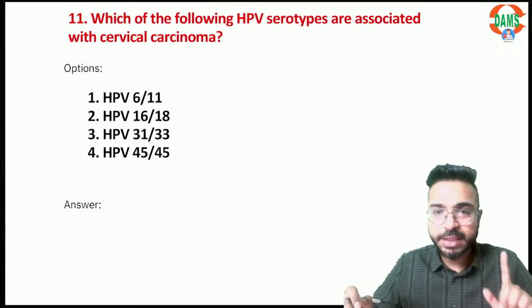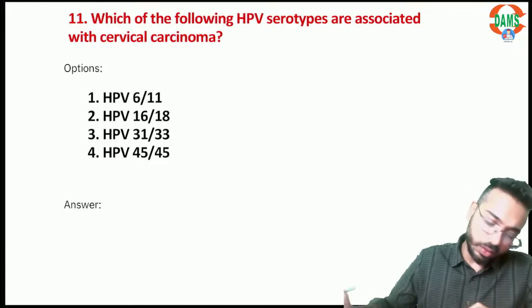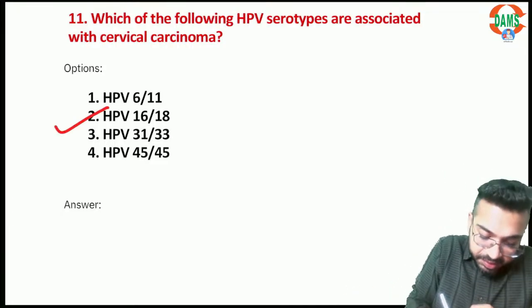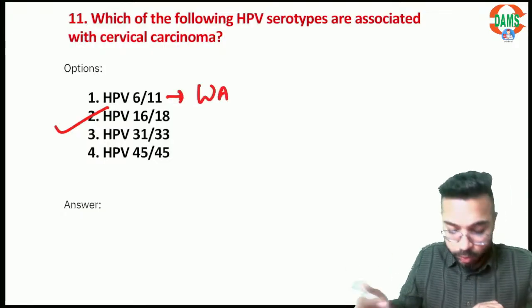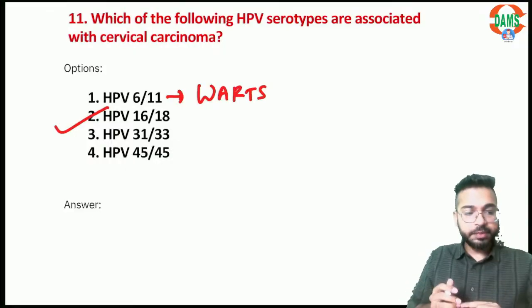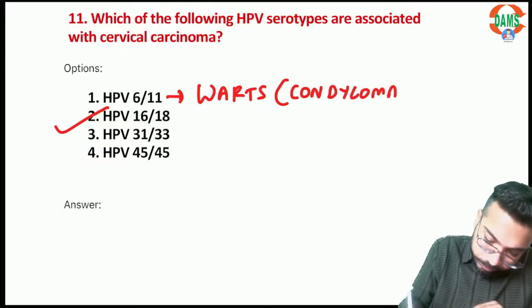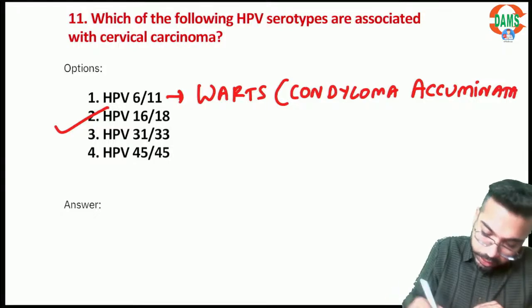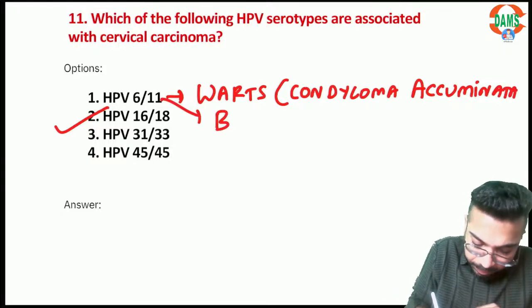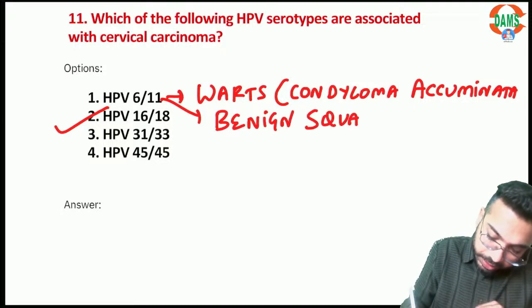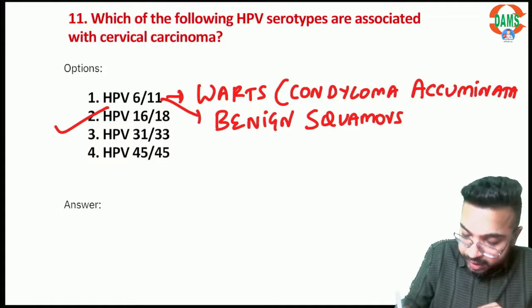Next question, straightforward question. Which of the following HPV are associated with cervical carcinomas? I don't think that was at all difficult. It is 16, 18. Remember 6 and 11 cause benign lesions. They cause condyloma acuminata, warts, and benign squamous papillomas, but they do not cause cervical cancers.